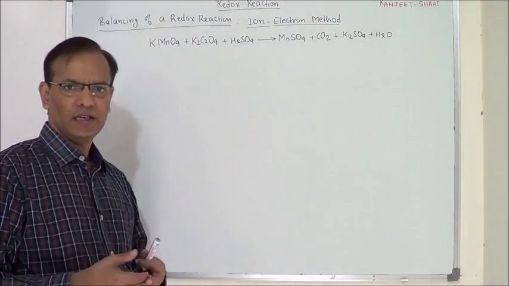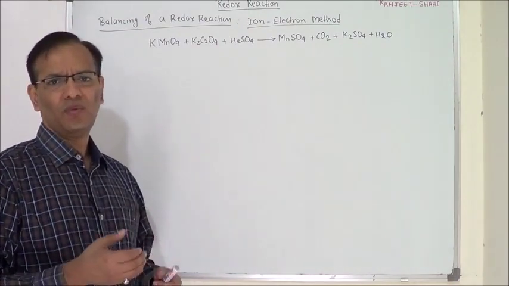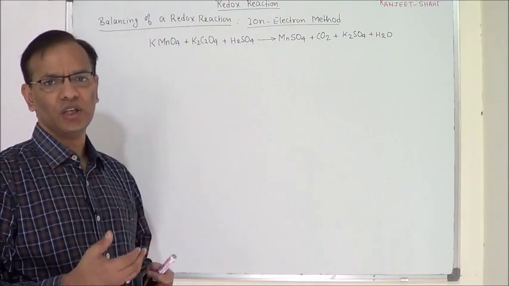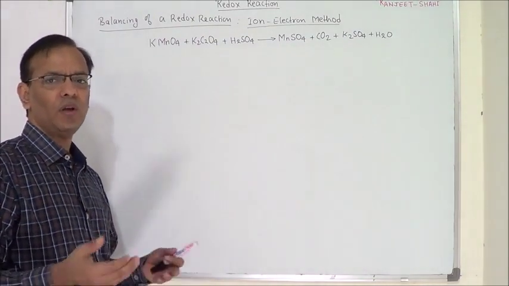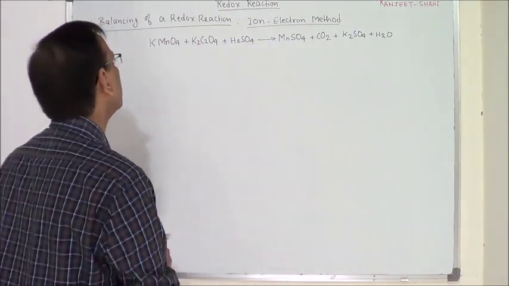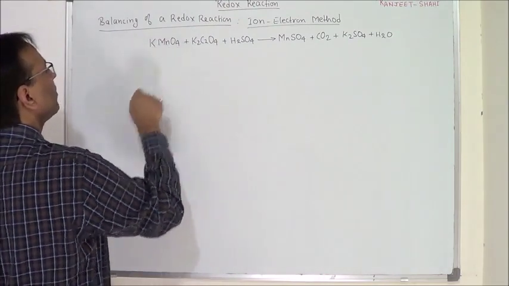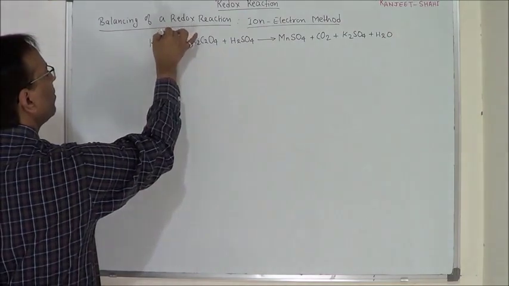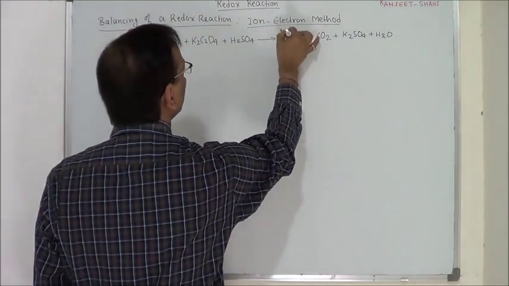In the previous lecture, we have seen a lot of examples for identifying the compounds undergoing change in oxidation number, and that can be used now. In this reaction, manganese is undergoing change in oxidation number from +7 to +2.